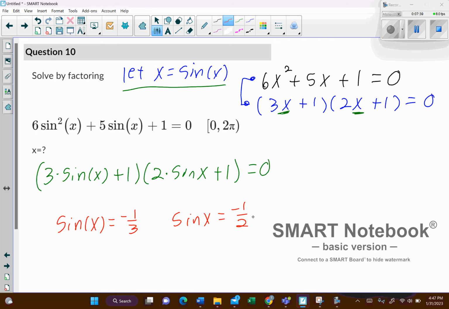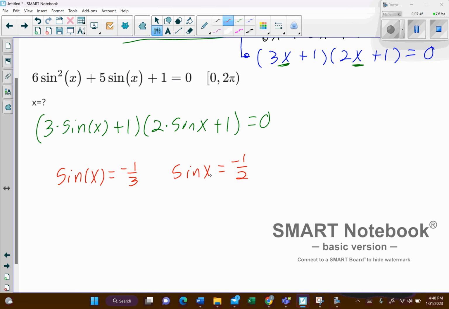Okay, so now what we want to do is figure out this. And so we do have exact solutions for sine of x when it equals negative 1/2, but we don't have that for negative 1/3. So we'll deal with that in a second. But either way, it's going to be helpful to have a visual here. So here's our unit circle.